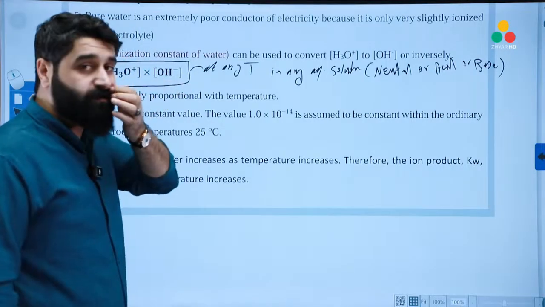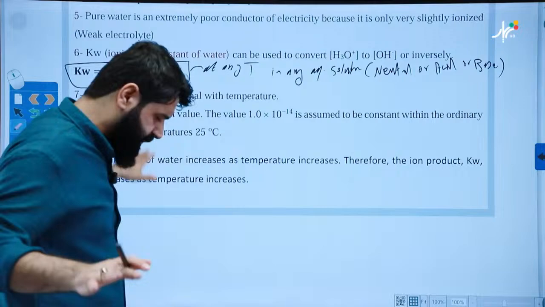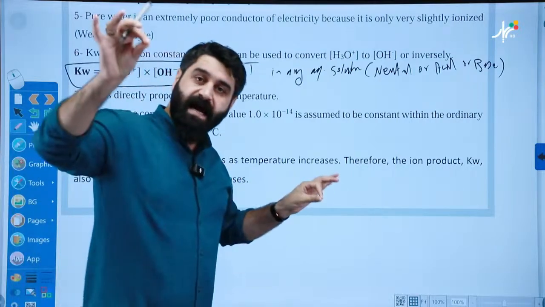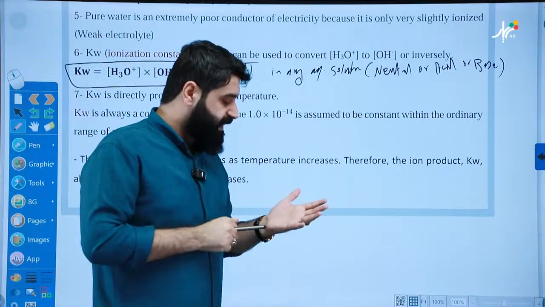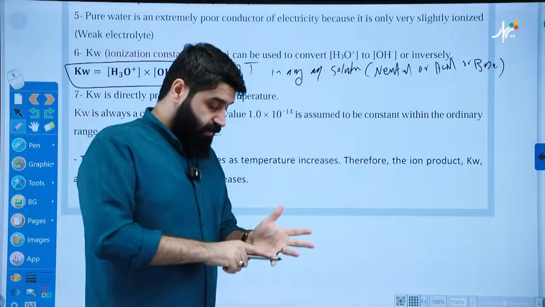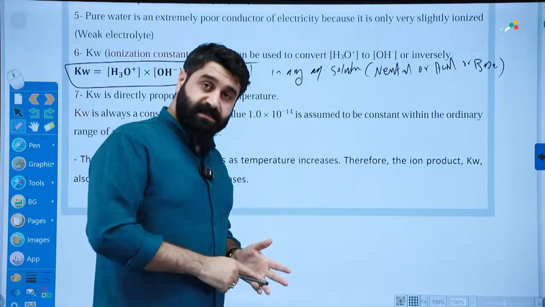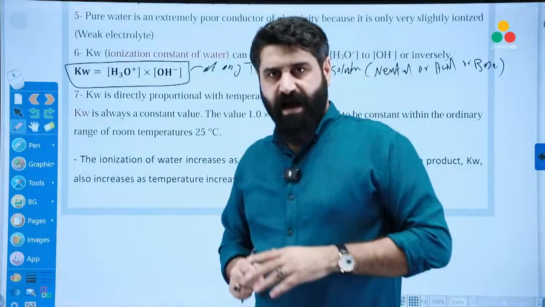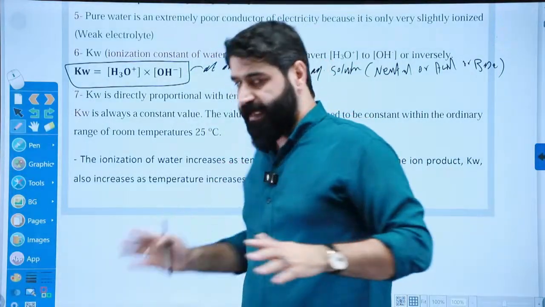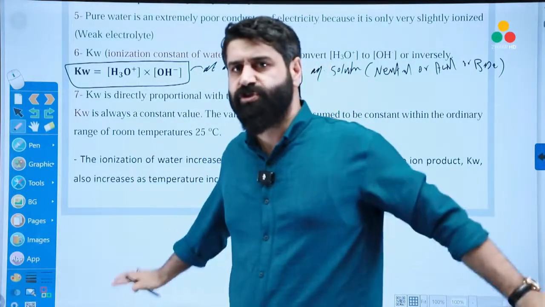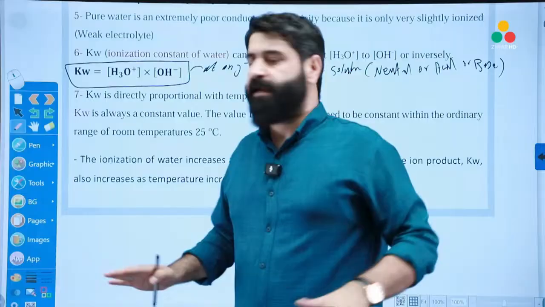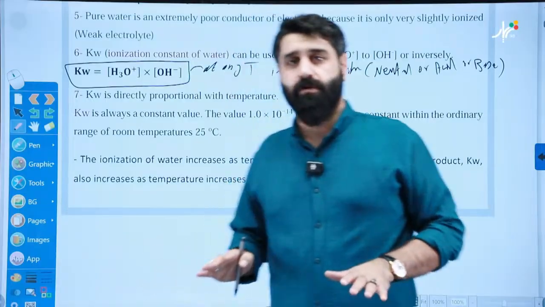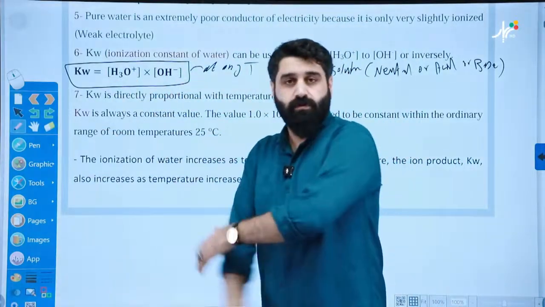This is used at what temperature? At any temperature. For what kind of solution? For the neutral, for the acidic solution, and for the basic alkaline solution. Any water-based solution obeys this rule, which is Kw.